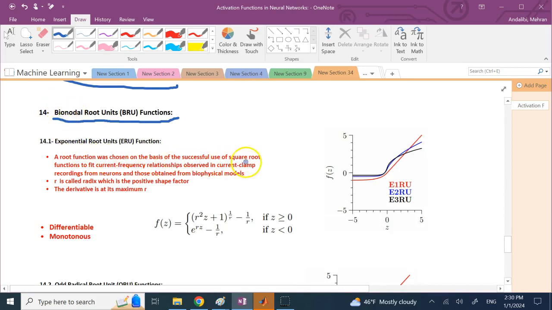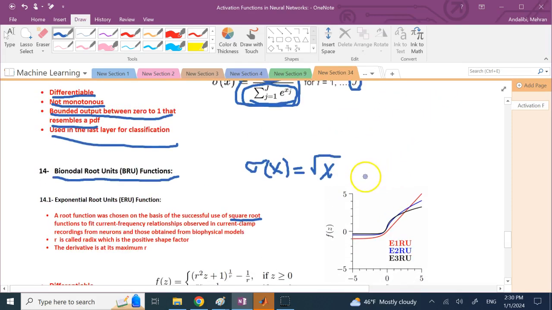So the thing is, the square root function is used in these functions in general, a root function. The function sigma of x equals square root of x was found to be matching the pattern that they saw in neurons. So they saw the neurons kind of acting like this. Okay, not like that, actually.